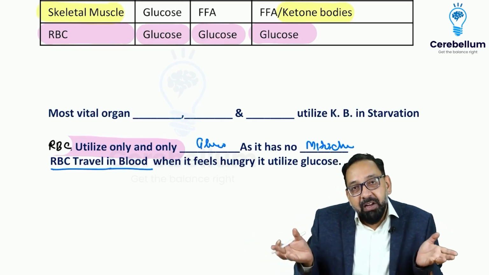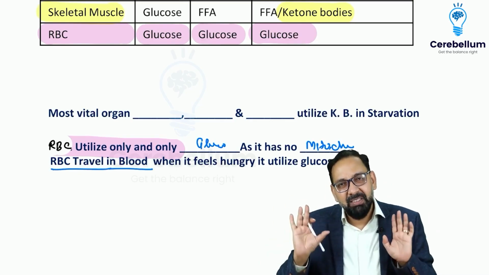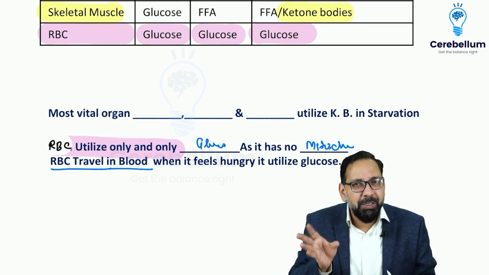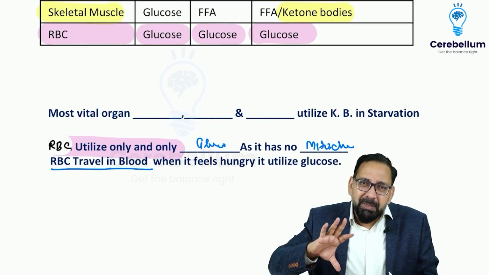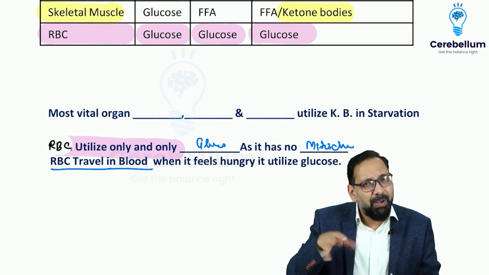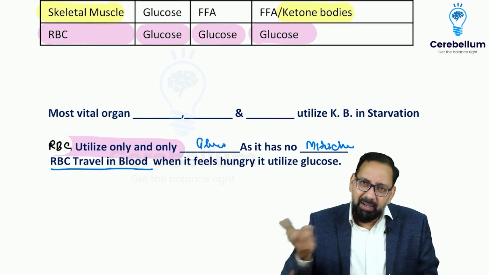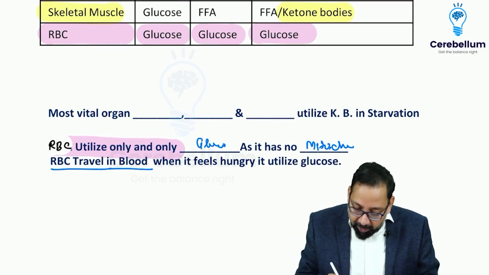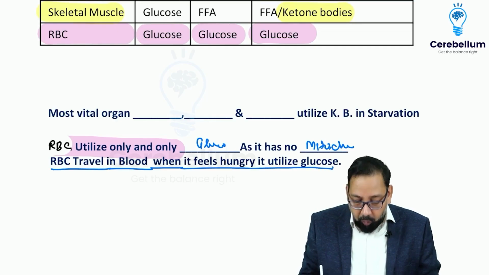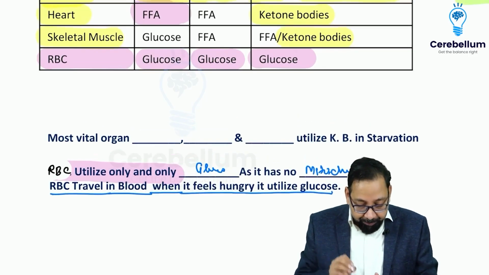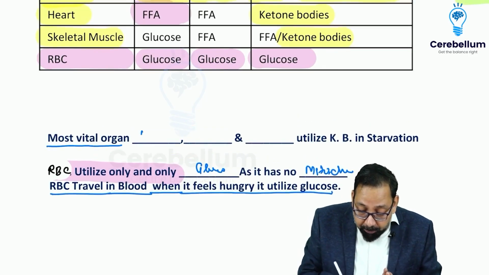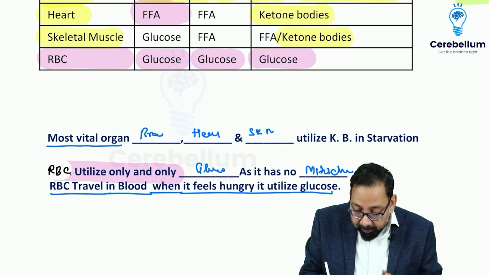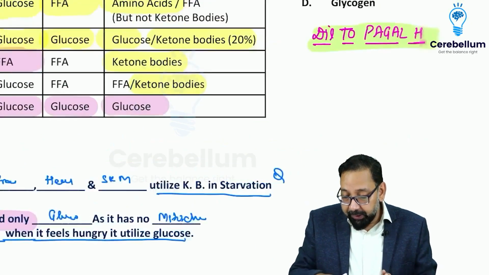Whenever it feels hungry, it will take glucose. That's why nature said no need to give another option. You are always present in blood, so whenever you feel hungry, you take and enjoy. That's why RBC utilizes only and only glucose. No mitochondria. Most vital organs, brain, heart and skeletal muscle, utilize ketone bodies in starvation; multiple times asked.